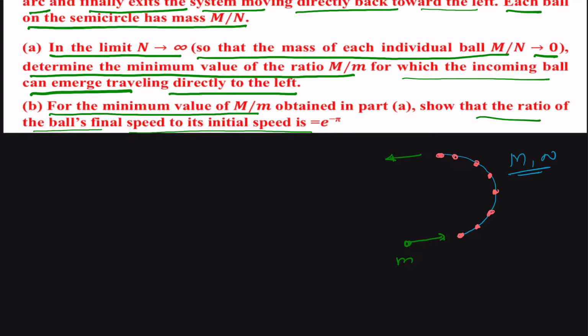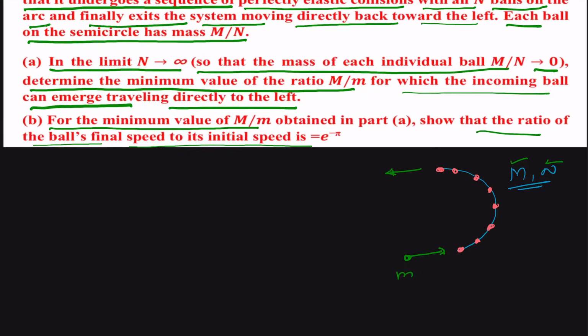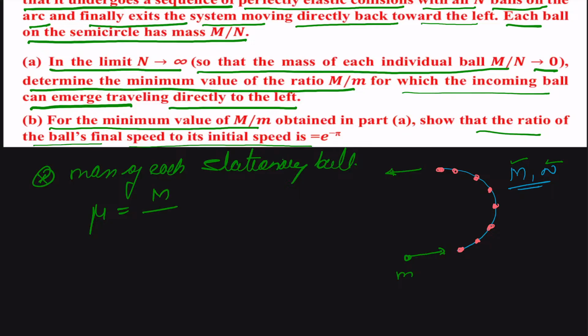And we are given that the total mass of the balls is M and the number of balls is n. Therefore, based on this, we can write that the mass of each stationary ball, let us suppose, is given as mu, that mu will be equal to total mass of the balls divided by number of the balls.